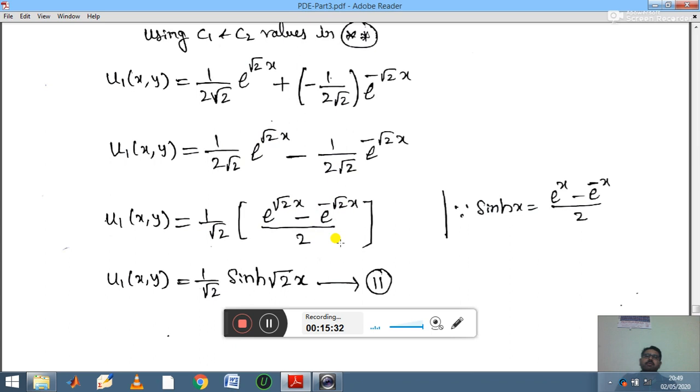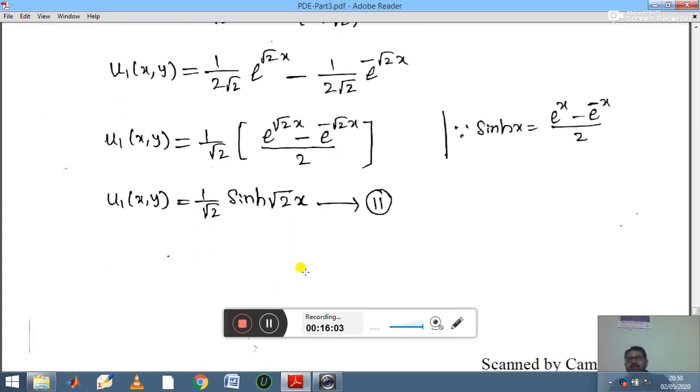Here you know that sinh x can be written as (e^x − e^(−x))/2. Using this formula, in place of (e^x − e^(−x))/2 we can use sinh x, where in place of x we have √2 x. So we can write u1(x,y) = 1/√2 sinh(√2 x).